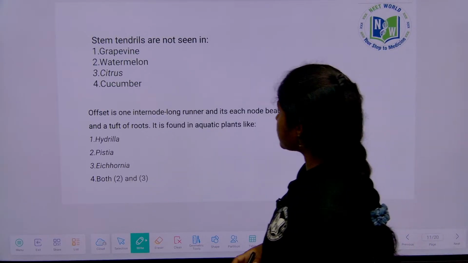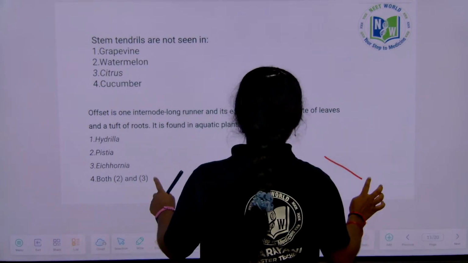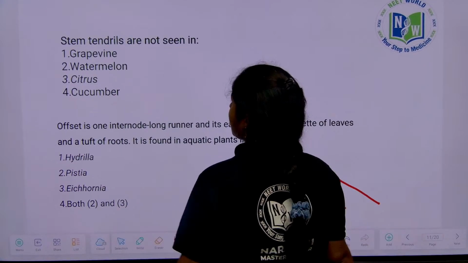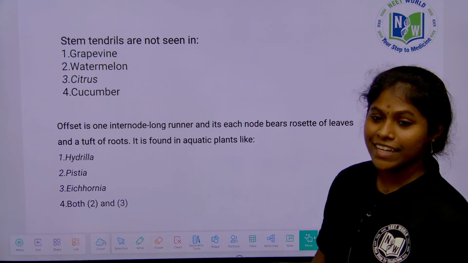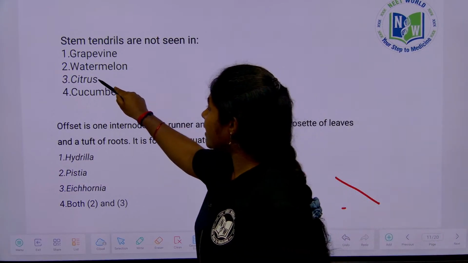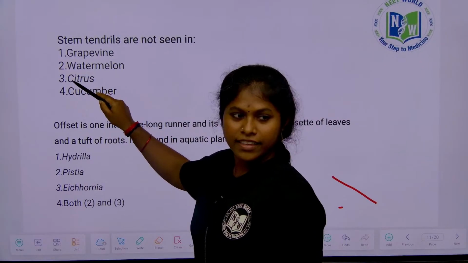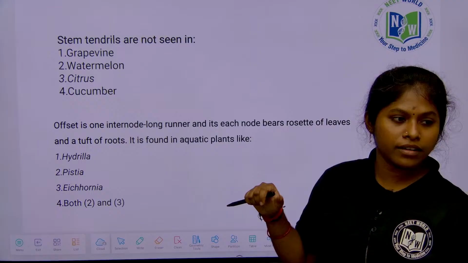Okay, tell me this question's answer. Stem tendrils are most seen in, sorry, not seen in. Yes, citrus. Citrus is a thorn, the example of the thorn. Is it aerial, subaerial or underground?